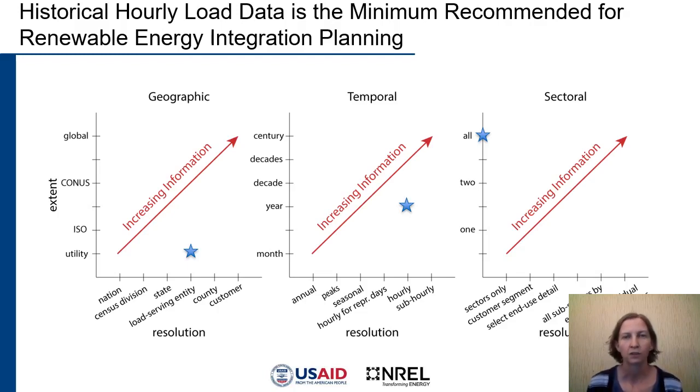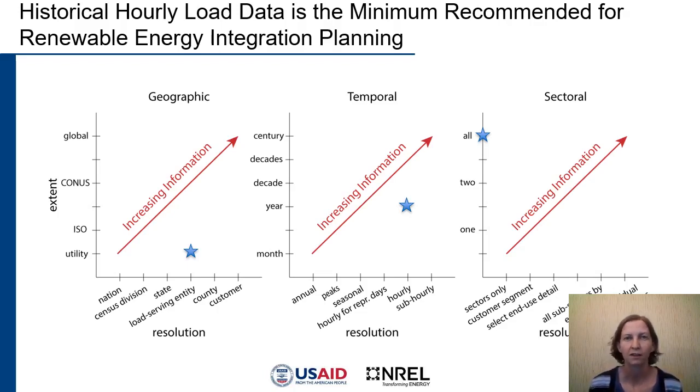You want to get your historic load shapes measured at the hourly scale, but it can be all the load altogether, including losses you see on your system. Just what was the hourly load that your system served in the past. And then what we've done is scaled those historic load data up using projections of load growth.